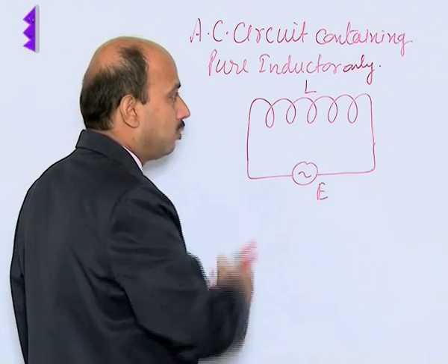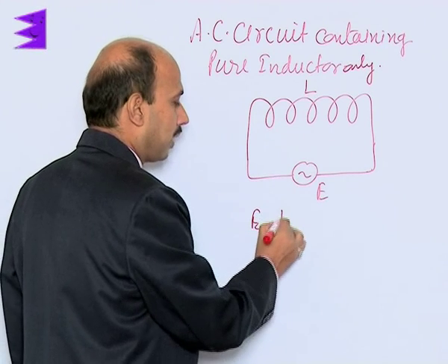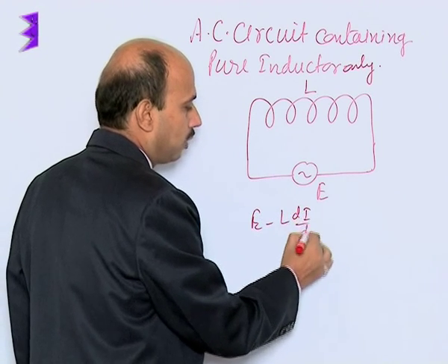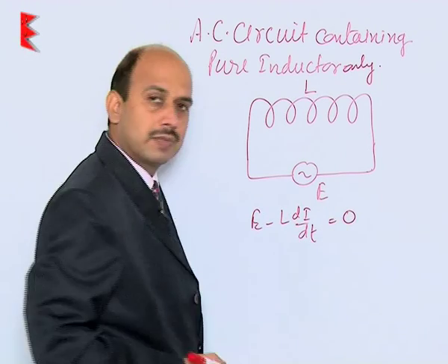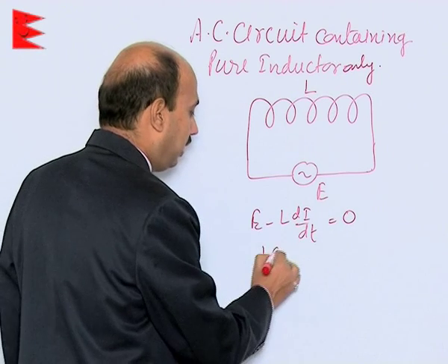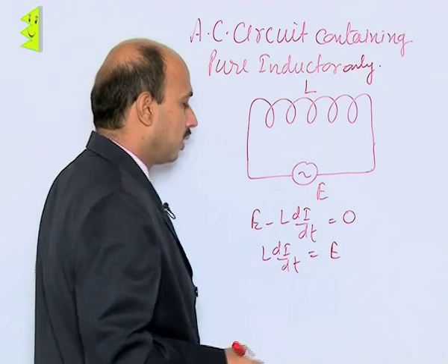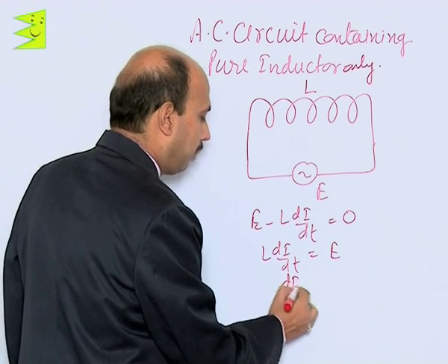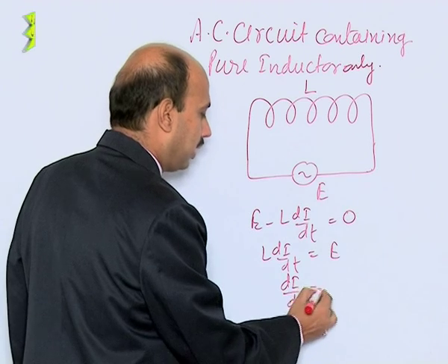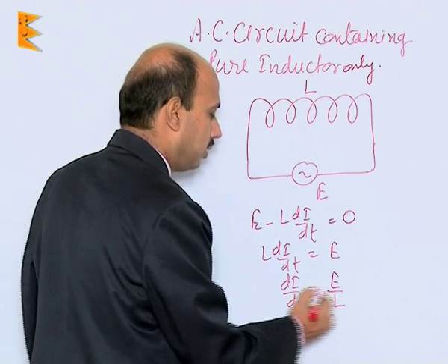So here we can write E minus L di/dt is equal to 0 according to Kirchhoff's law. So L di/dt is equal to E, and di/dt is equal to E/L.